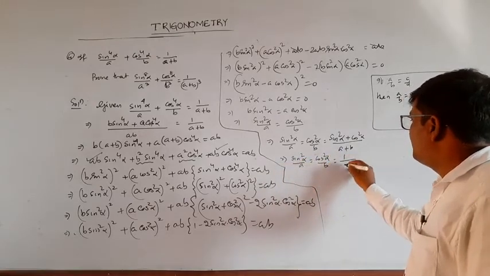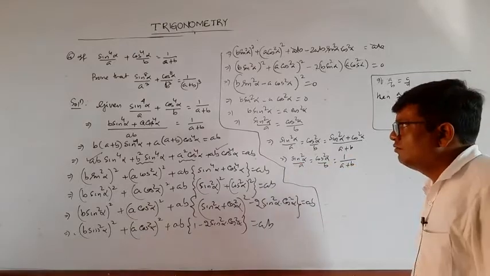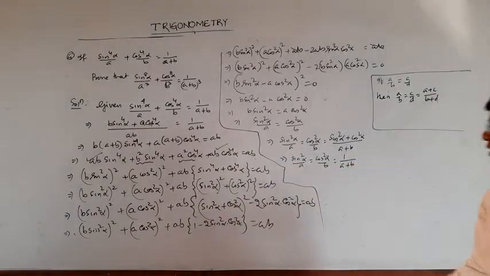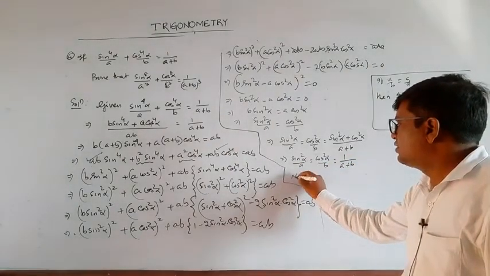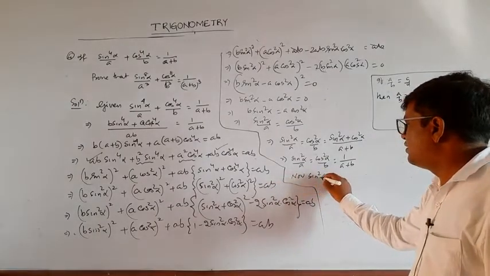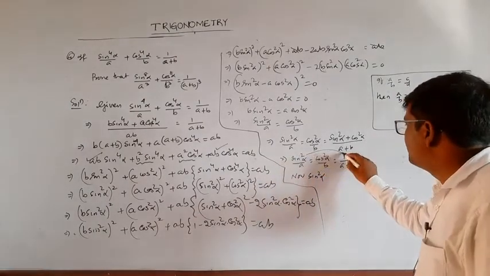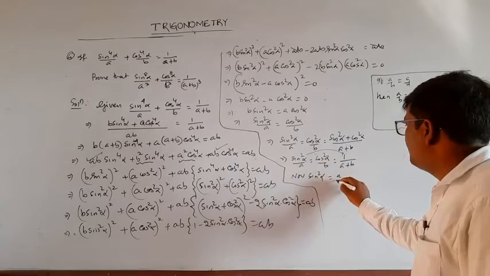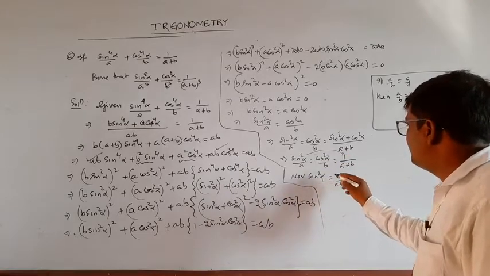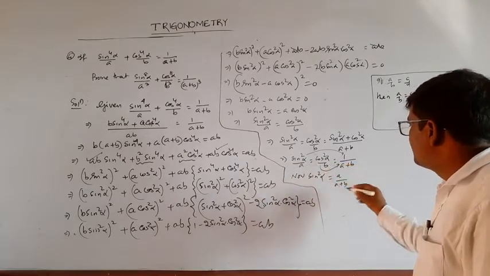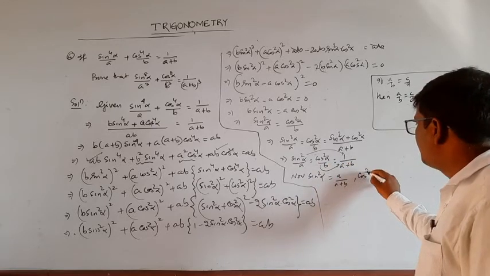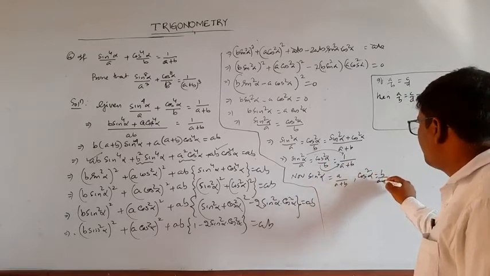This is 1 by (a plus b). Now compare: sin²α is equal to a by (a plus b), and cos²α is equal to b by (a plus b).